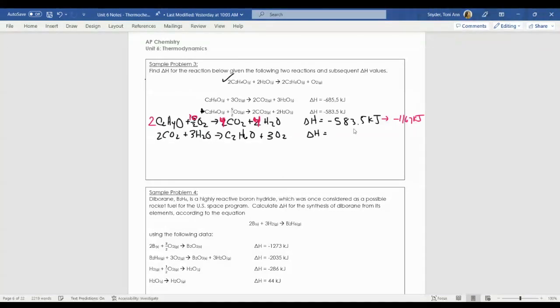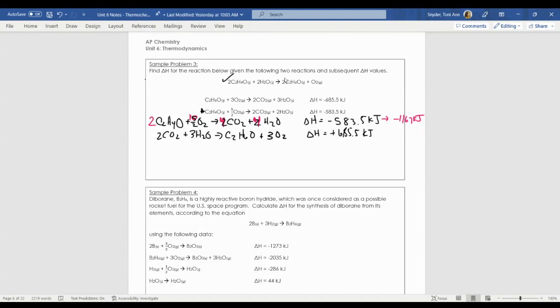Because I flipped that reaction, what is that going to do? That's going to flip my sign for delta H. So it is negative 685. This is going to become positive 685.5 kilojoules.